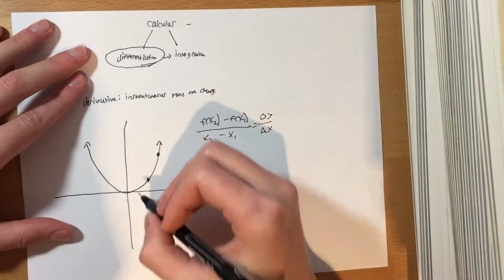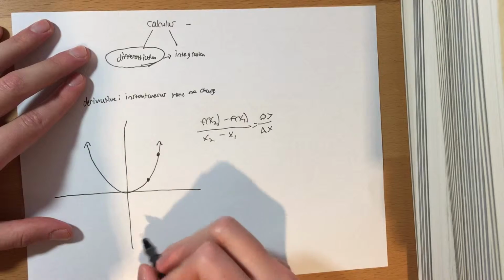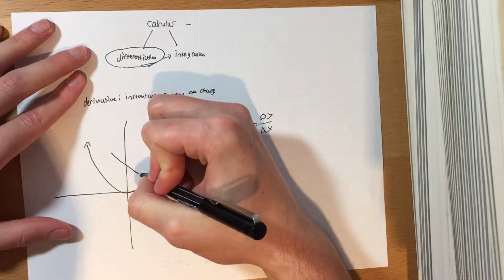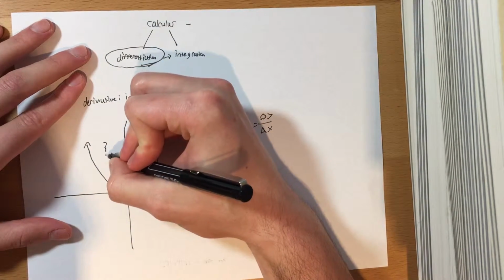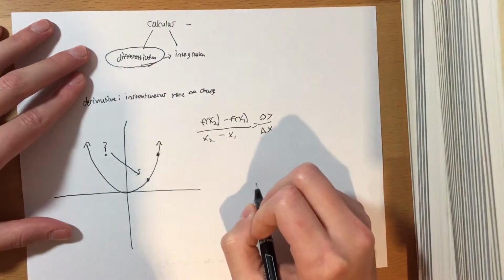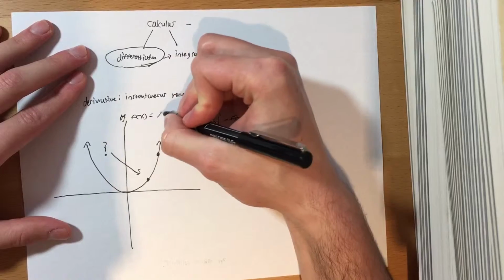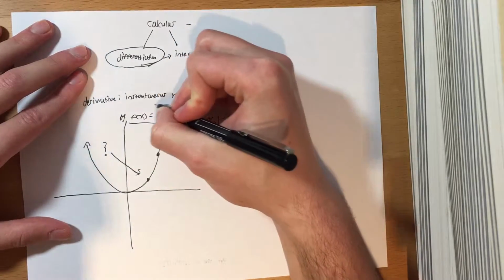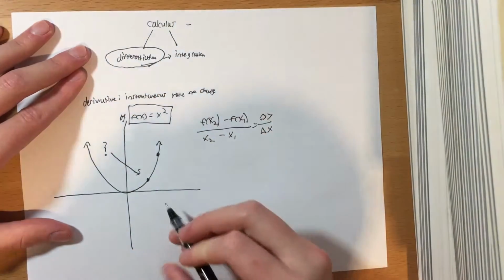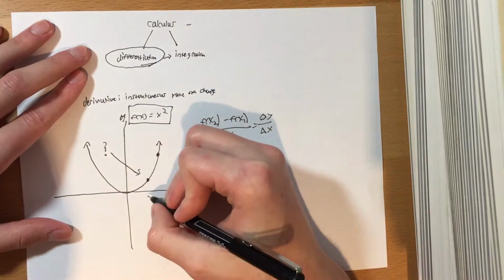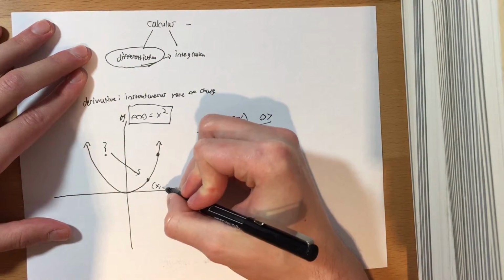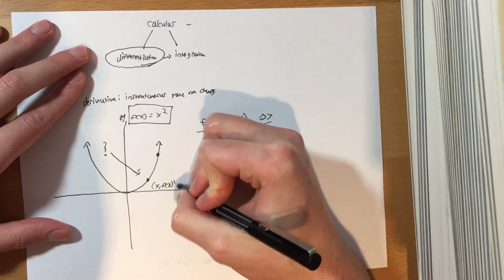So let's take 1 point, and we want to know what the rate of change is at this point. We have no idea right now, and we'd like to find out. We have, again, the function f of x equals x squared. So we have that function right here, and we want to find the rate of change here. Let's call this point x comma f of x.